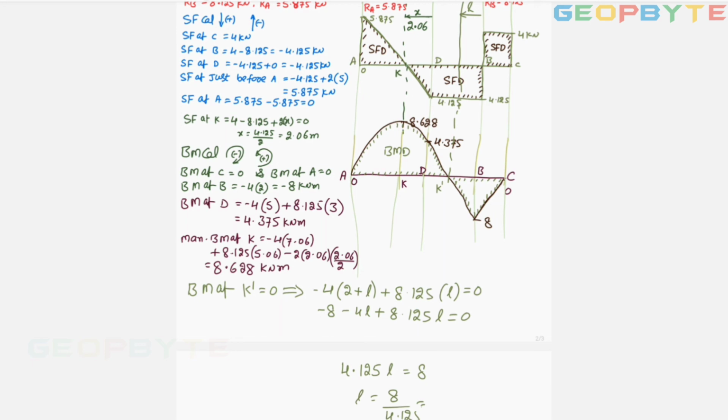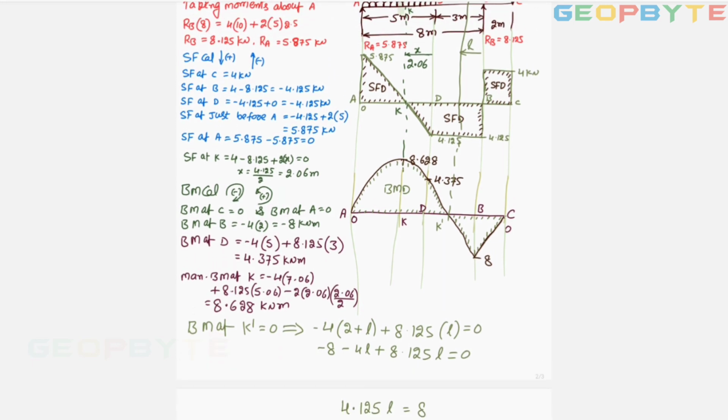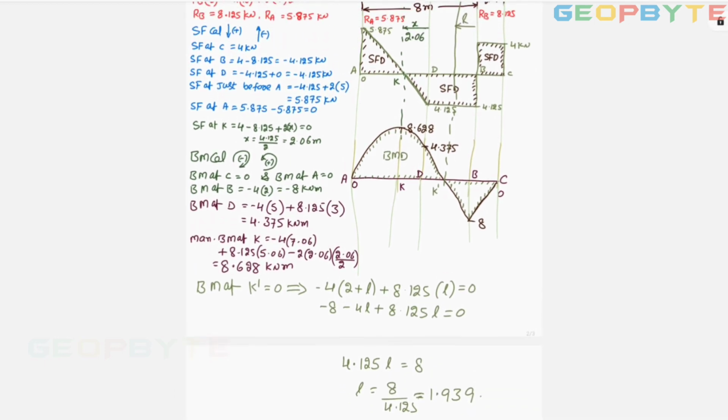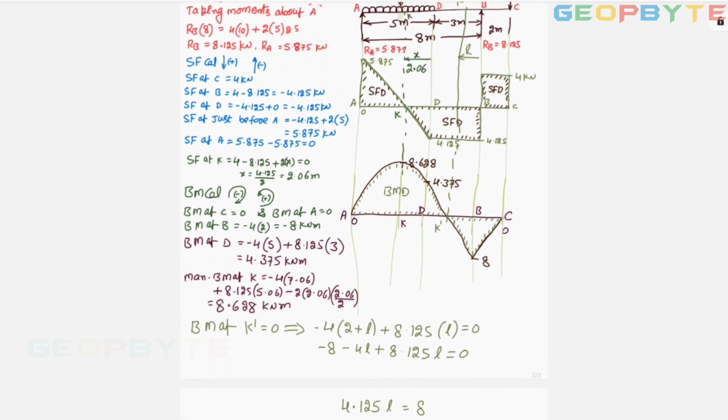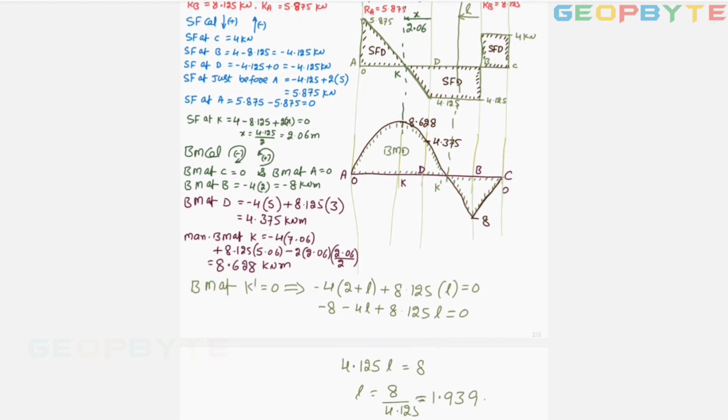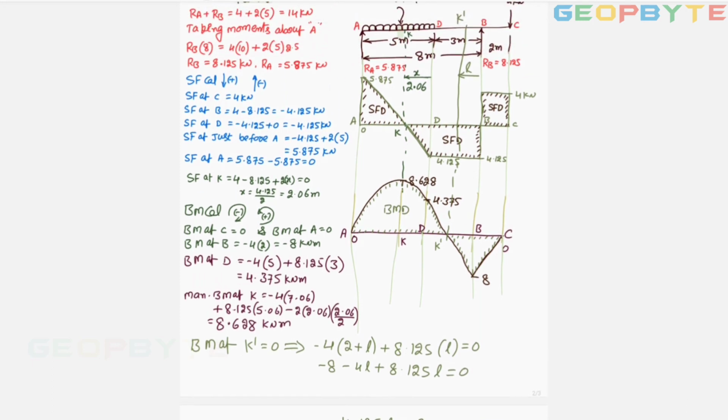I will simplify it. 8 by 4.125 is 1.939. Therefore the point of contraflexure is occurring at a distance of 1.939 meter from what point? B. You have to write that point.